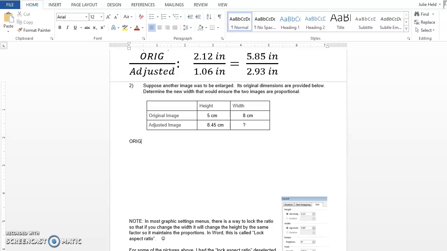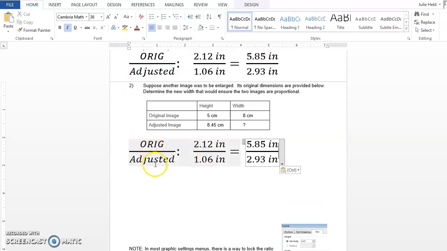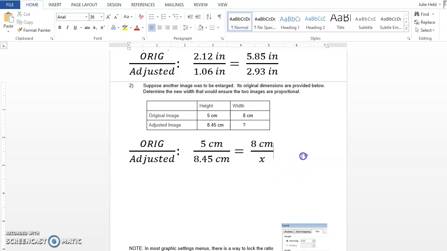I'll set up the original to the adjusted ratios. I have 5 centimeters, and I want to make it 8 centimeters. And the width I had as 8 centimeters, but now I want it to be, I'll call it X, because we're more advanced than question mark.